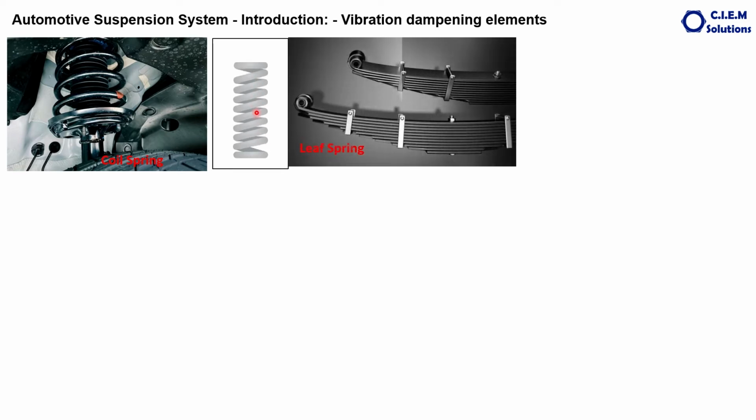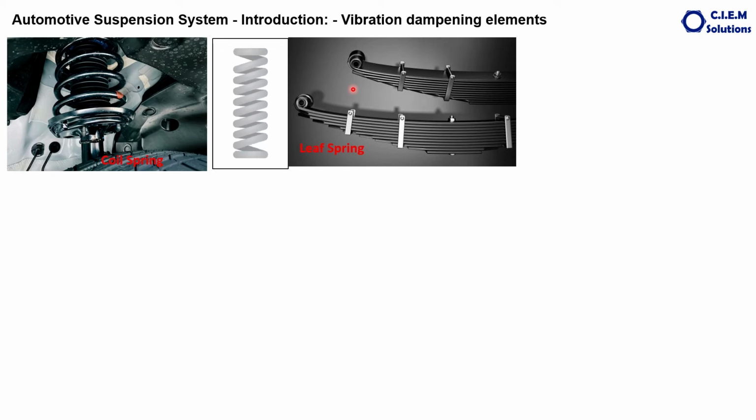The second type of dampening component is the leaf spring. These are made with rectangular spring steel flat plates through a special process, which I will be explaining in the coming videos, stacked one over the other like this and fastened through a center bolt and clamps.